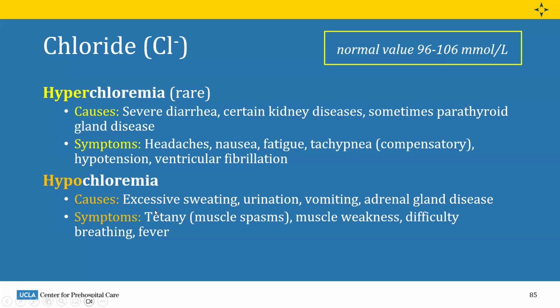So if we have low levels, it can be caused by excessive sweating and urination, vomiting, and issues with our adrenal glands. This can cause tetany, which is basically muscle spasms, weakness, difficulty breathing, and fever.